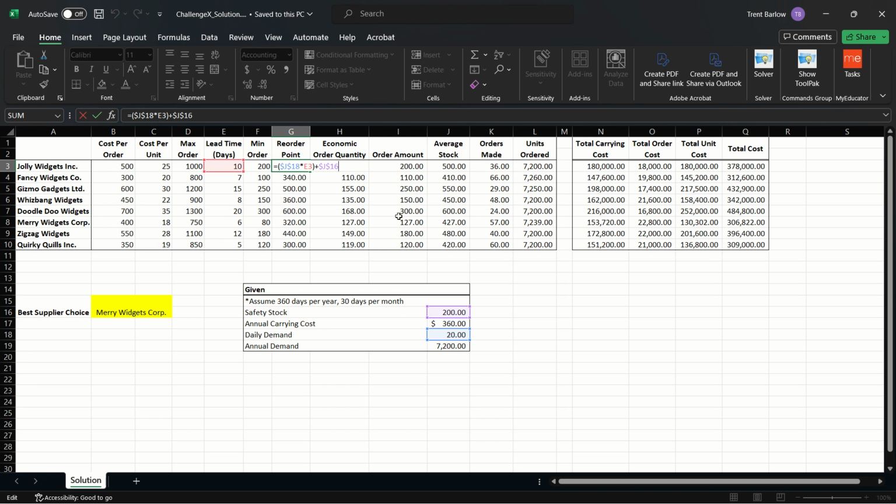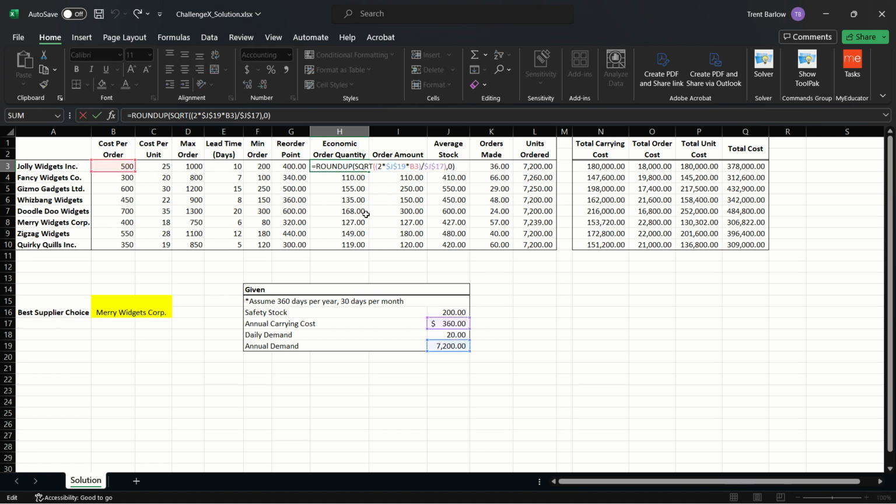And that's just to ensure that when you do order it, by the time it gets to your company, the stock at your company won't be less than what you want your safety stock to be, which is 200 in this case. So that's how we determine the reorder point. So we know that for this one, we'll want to reorder when our stock reaches the level of 400, 340, etc.